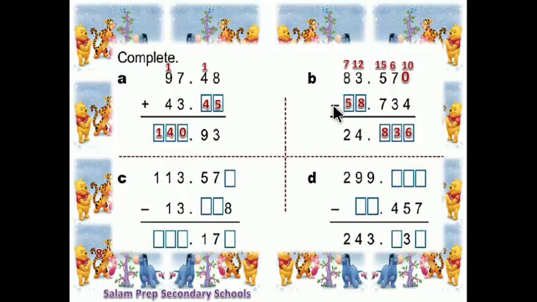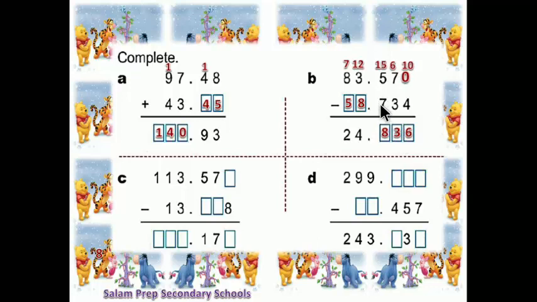Zero minus 4. It doesn't go. We will borrow from 7. 7 will be 6. 0 will be 10. 10 minus 4 equal 6. Now we have 6. 6 minus 3 equal 3. 5 minus 7.